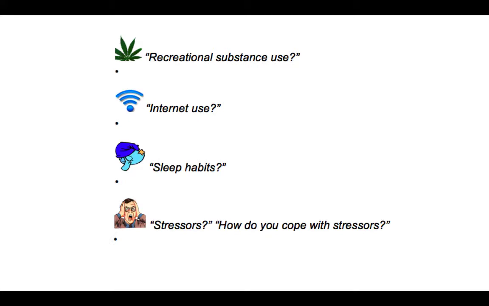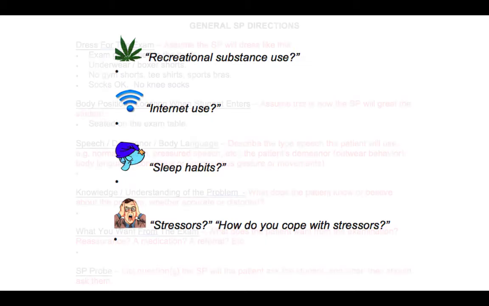Recreational substance abuse, internet use, I think, is especially relevant for teenagers who are up all night texting and doing whatever on their smartphones, which could affect their sleep habits. And stressors. What kind of stressors do you have? How do you cope with stressors, and so forth? These are relevant questions to understand the whole patient.